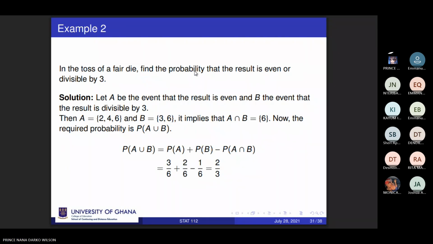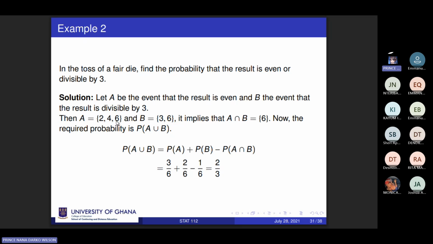This example says in the toss of a fair die, we have to find the probability that the result is even or divisible by 3. So that's what we just did. It's either even or a multiple of 3. And we just figured that out and subtracted the intersection. The intersection was going to be the number 6. Look here closely.